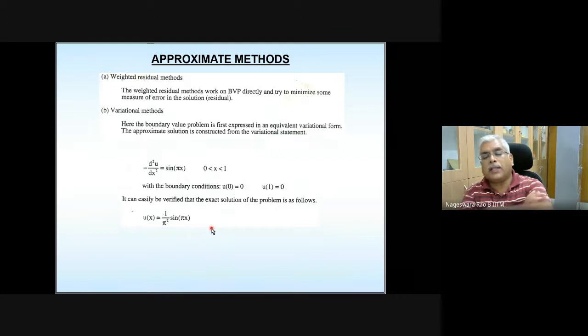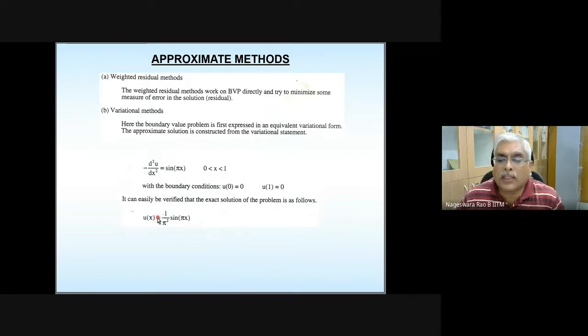When I substitute this solution u into this differential equation, the right hand side is going to match with the left hand side. Or if I try to find the difference between the left hand side and right hand side, the residue is going to be 0. Error is going to be 0. So if your solution is exact, then the residue is going to be 0.